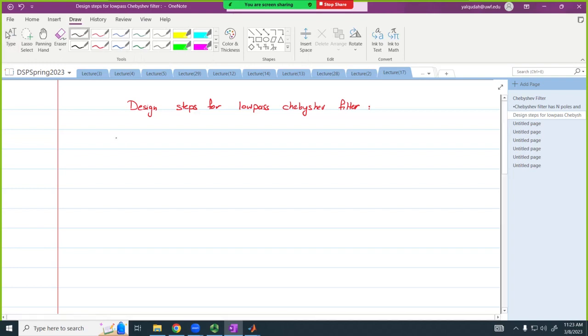Okay. So if I design a Chebyshev filter, we're going to be given the cutoff frequency, the stop frequency, alpha, which is the minimum stop band attenuation in dB, and we're going to be given R, which is the passband ripple in dB.